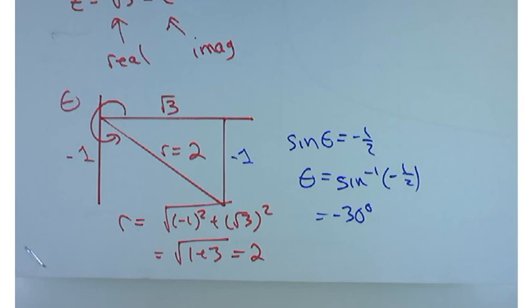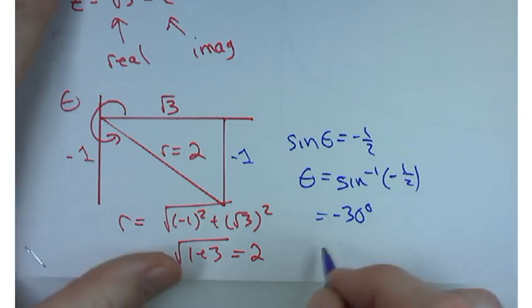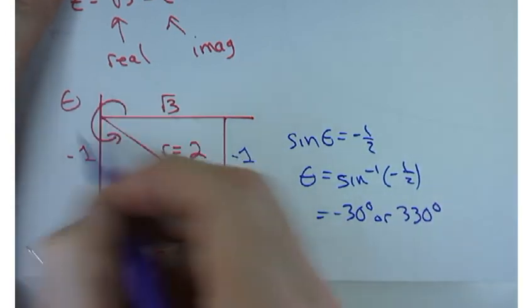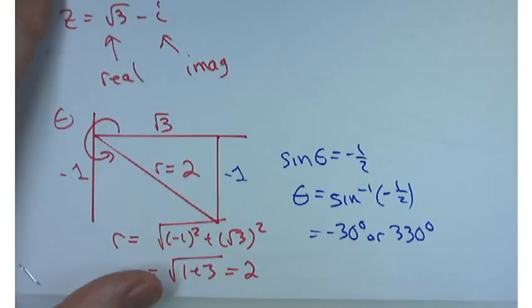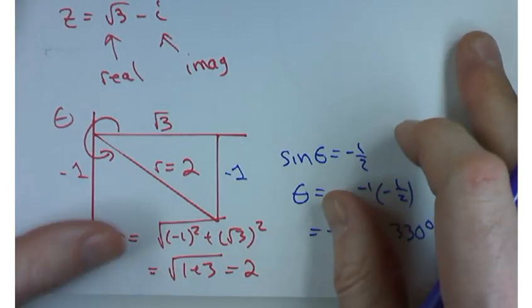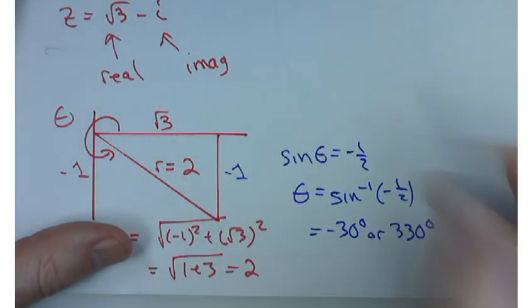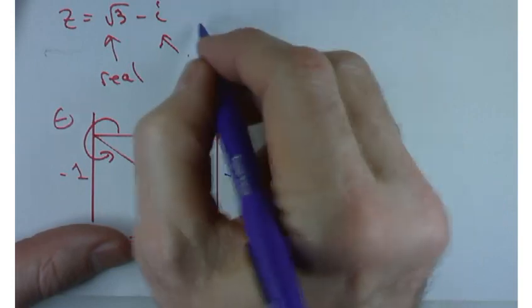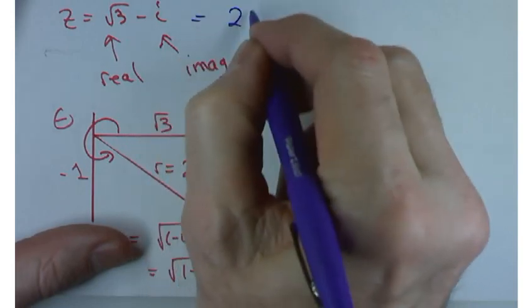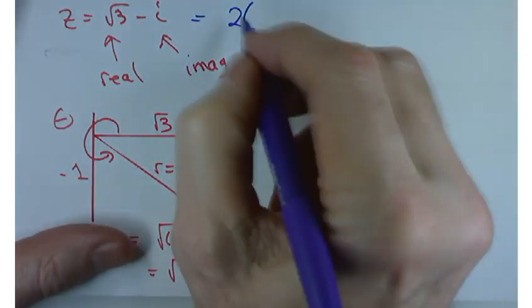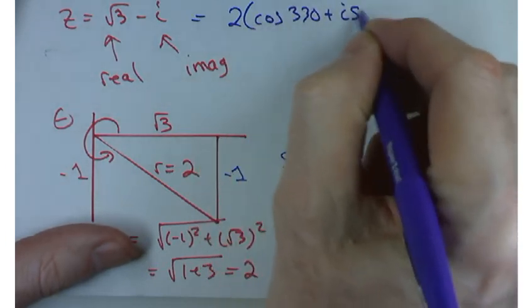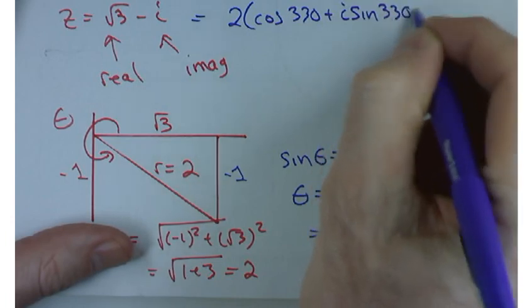Is that the angle I want? No. Brandon, what angle do I want? Perfect. 330 degrees. I want this angle here. Okay, thank you, sir. Let's rewrite this now in polar form. That's going to be 2 times the cosine of 330 plus i times the sine of 330, like that.